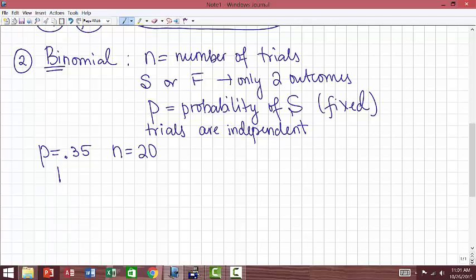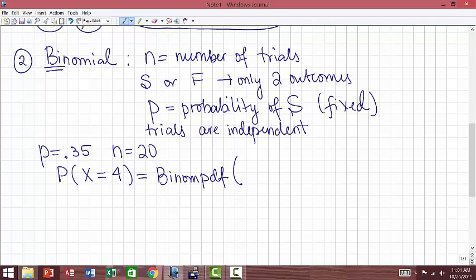If I were to find that the probability of success is exactly 4, what does that mean? If I do 20 trials with this setup, and I only want to see exactly 4 successes, I would do binomial PDF.